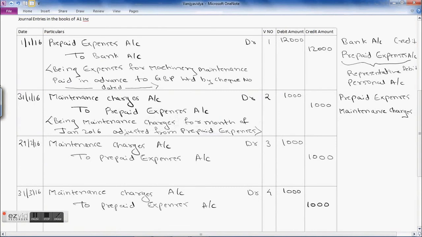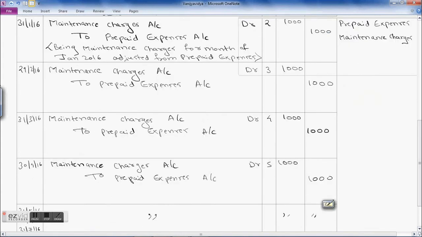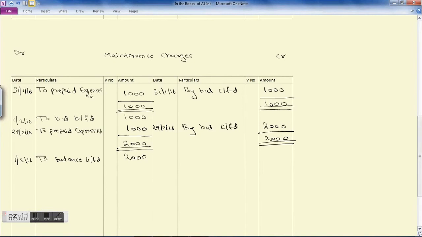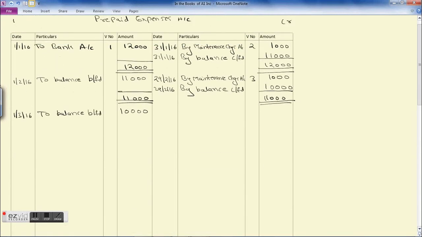Right? Now we'll pass one entry for March. Entry number 4, 31st March. Again the entry is same, maintenance charges account debit to prepaid expenses. So maintenance charges account, debit side, 31 March 2016 to prepaid expenses account 1,000.